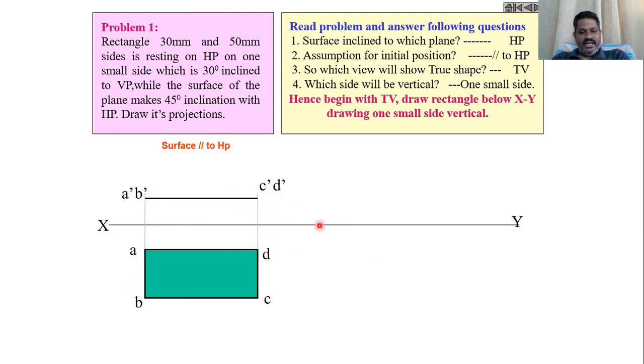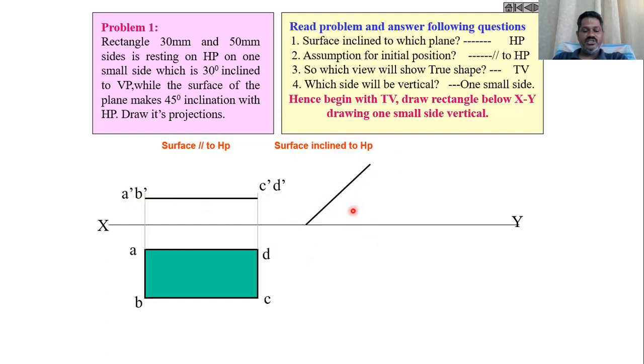So now take a reference point on this XY line with the same dimensions. Here the length is 50. Draw a reference line, a 45 degrees line here. Take a compass and take a 50 mm length, and on this line get a point for a length of 50 mm, because the surface is inclined to HP and the angle is 45 degrees.